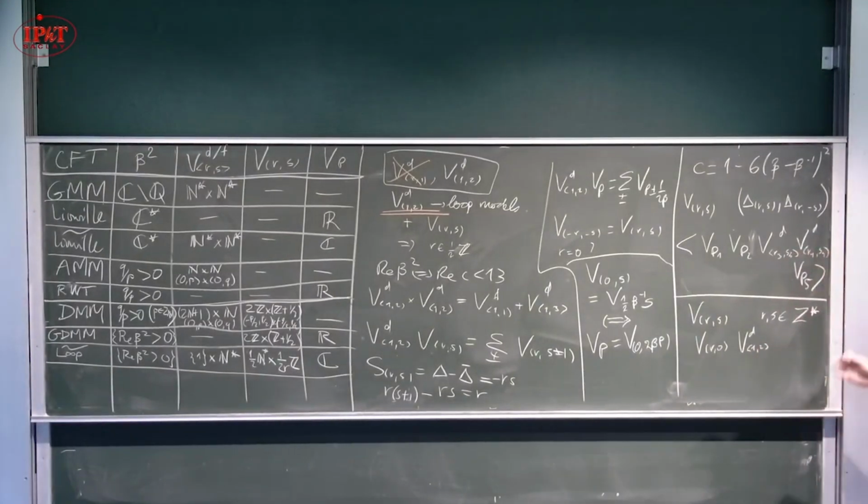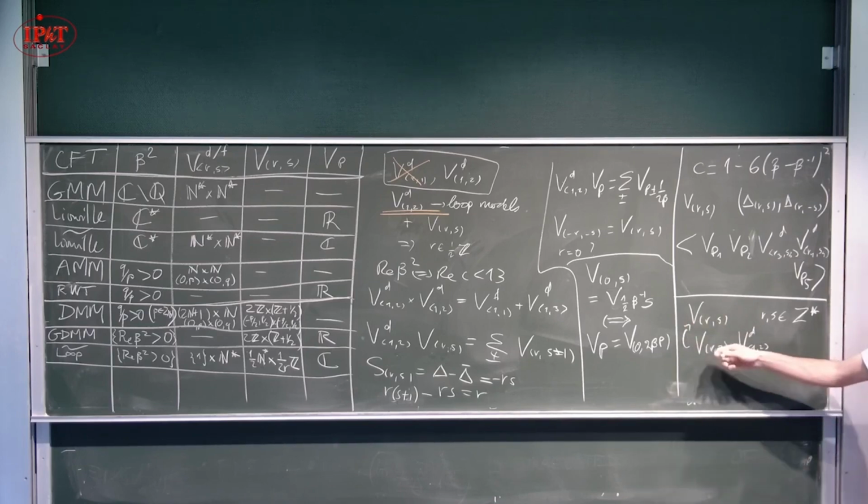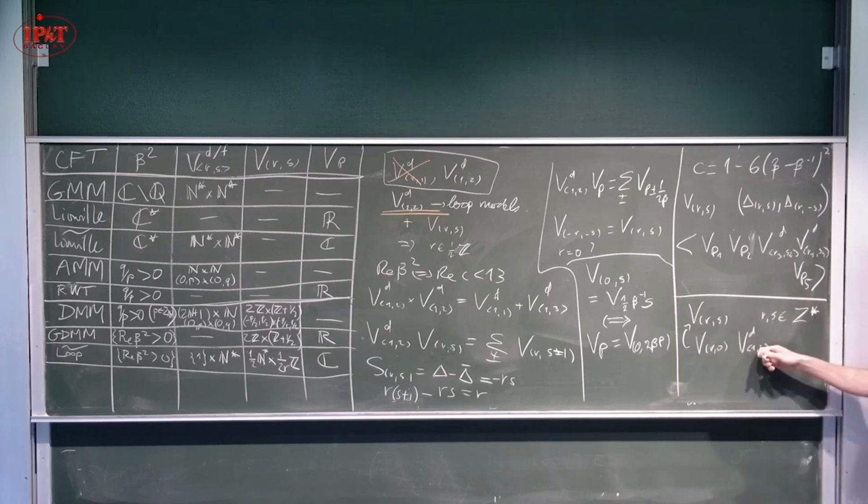Well, maybe I fuse several times, but in any case, I get V_RS from V_R0. V_R0 itself is non-degenerate. It doesn't have any null vector, so it lives in a Verma module. And this OPE basically can be used to determine the structure of the representation for V_RS. And then it has to be some logarithmic representation, but it's completely determined.